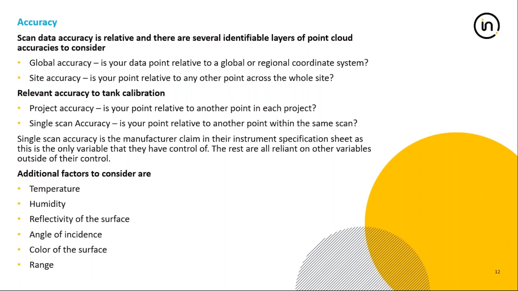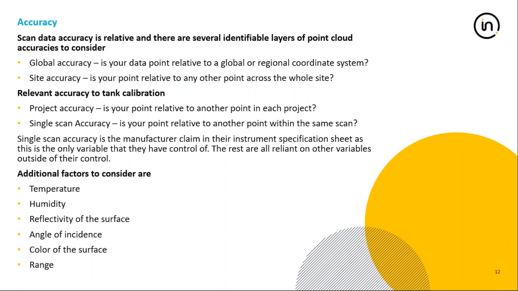And the other one is site accuracy, which relates to how accurate one point is to the next that you measure, or across points within the site. So that relates to project accuracy and single scan accuracy. The project accuracy relates to the global accuracy of the project.